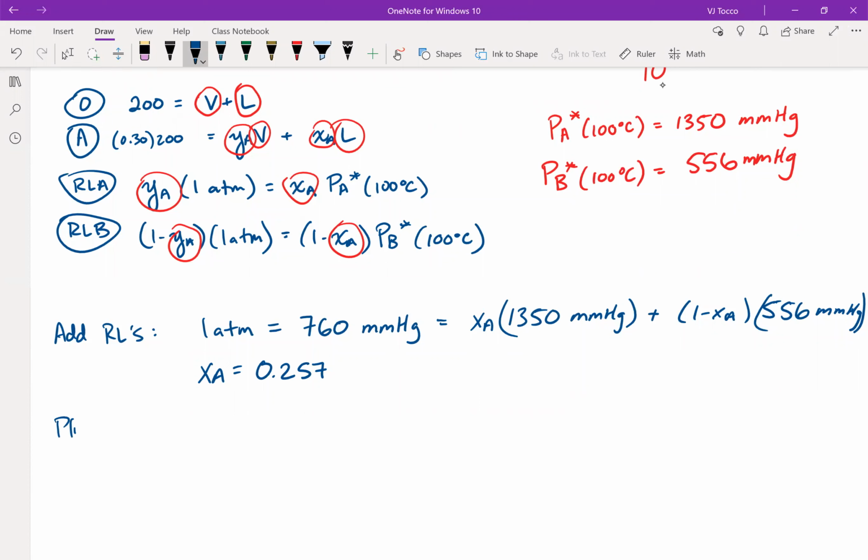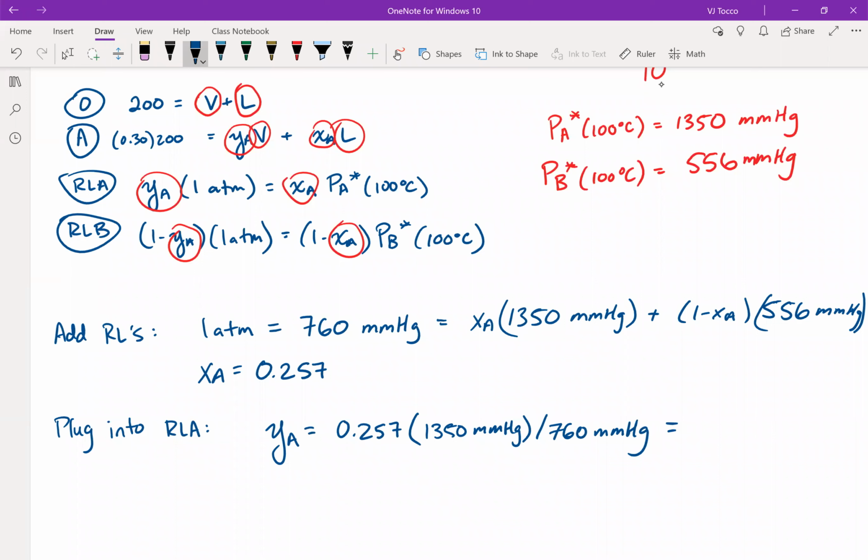So plug back into Raoult's law A, it just looks a little bit easier. Plug into Raoult's law for A, and I will get YA is equal to 0.257 times PA star, which was 1350 mmHg, divided by 1 atmosphere, or 760 mmHg.